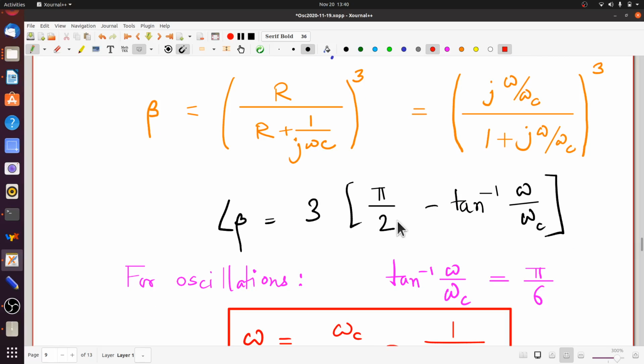For oscillations to occur, you want this overall thing to be 180 degrees. As a result, the original 180 degree phase shift can be cancelled out, and you get an overall 360 degrees, which is, of course, the same as 0. So for oscillations to occur, tan inverse omega by omega c must be equal to pi by 6, because only then will this quantity add up to pi.